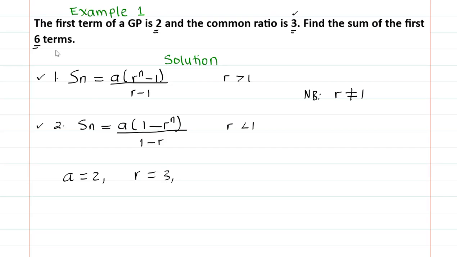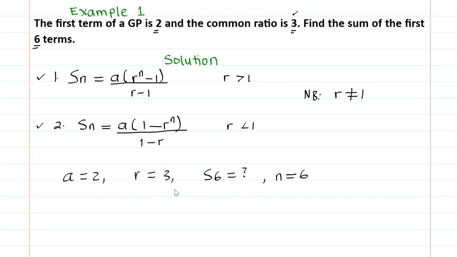And the question is asking for the sum of the first 6 terms. So we shall say the sum of the first 6 terms is what we are looking for. Remember, since we are looking for the sum of the first 6 terms, our number of terms is 6.